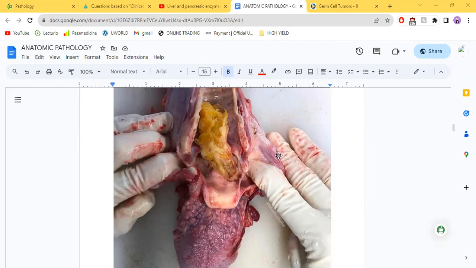Maybe we can try and ponder over this. What could be the manner of death? Is this a natural or an unnatural death? Unnatural, yeah, I agree as well. Now, what is the mechanism of death?